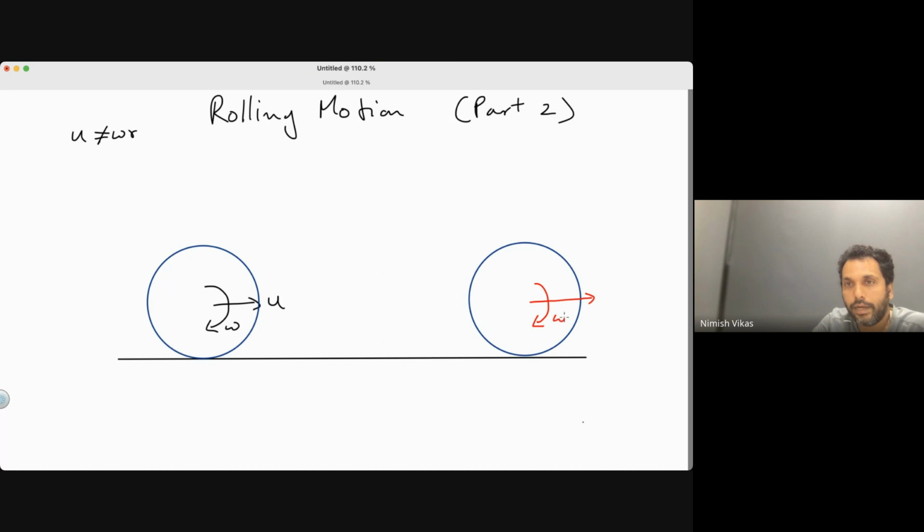So omega dash and V dash, such that your V dash is equal to R times omega dash. So if that is the job of the friction, when it happens, then technically the friction disappears and the body keeps on pure rolling. So what would be the V dash and omega dash is the point today.